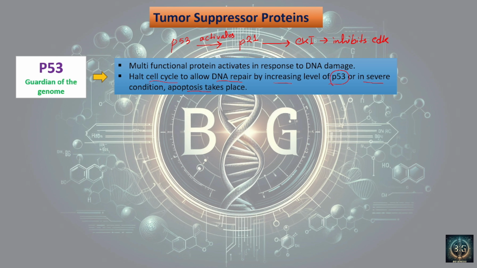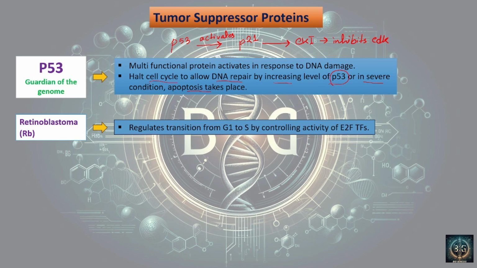Next one is retinoblastoma or RB. Retinoblastoma actually prevents tumor formation, that means uncontrolled cell growth, by repressing transcription process.